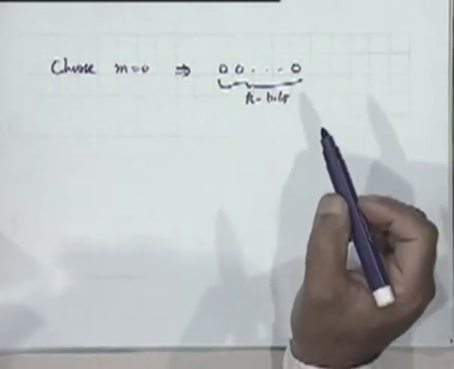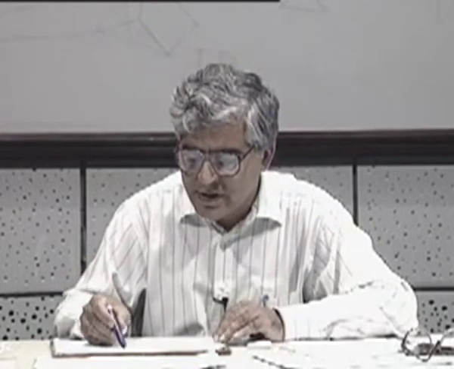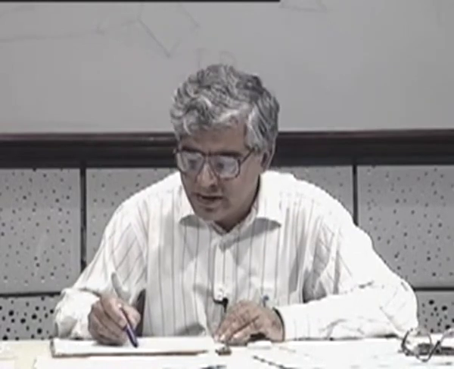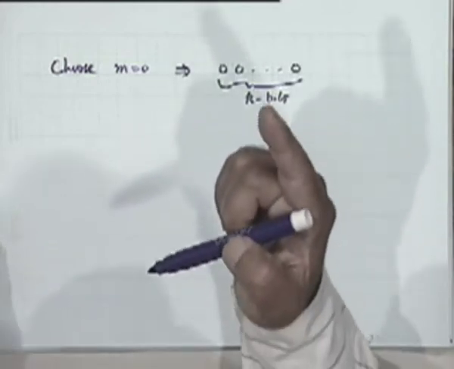Therefore, I can now count how many different error patterns exist, right? For example, if the error pattern corresponds to m equal to 1, then this is 0 0 0 0, let's say 1, and only one error occurs. If it is something else, two errors may occur, depending on what value of m has actually been selected, all right?